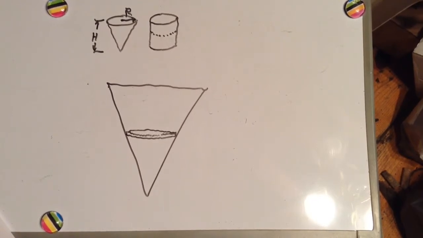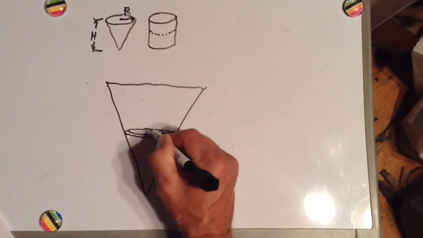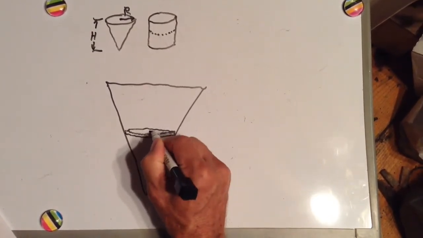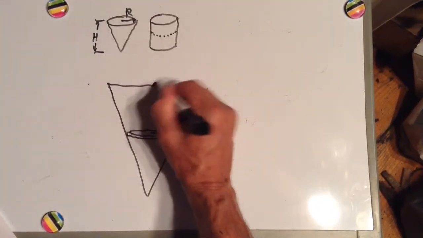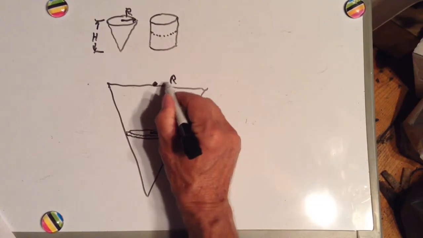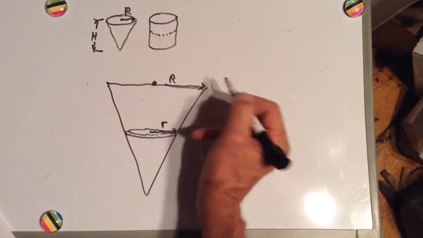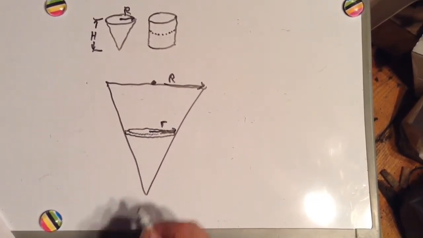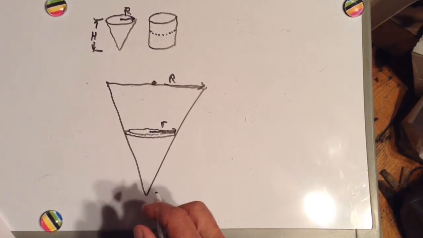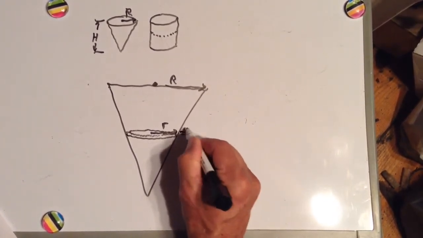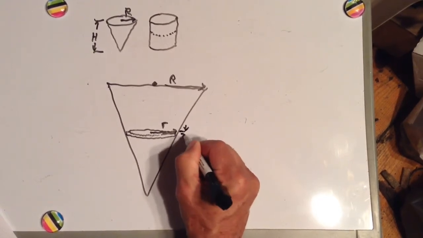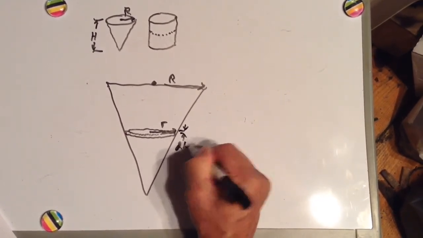Our representative disk has a radius of r. We'll call it little r, because this was big R, capital R, from here to there. So we'll call this lowercase r. It has a radius of r and a thickness of dh, or delta h, you can think of it that way.